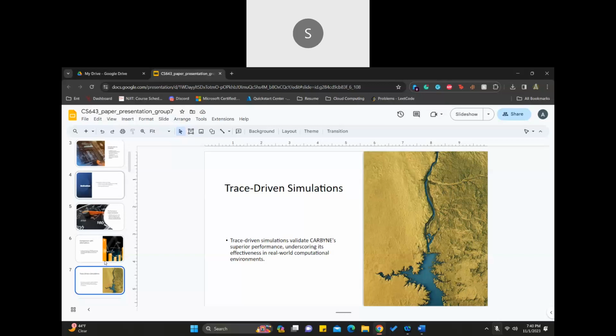This test demonstrates that Carbon not only meets expectations, but often exceeds them, showcasing its effectiveness. In practical computing environments, where reliability and efficiency are paramount, Carbon stands out as a top-performing tool. That confirms its superior capability and benefit for users. Can we go to the next slide?